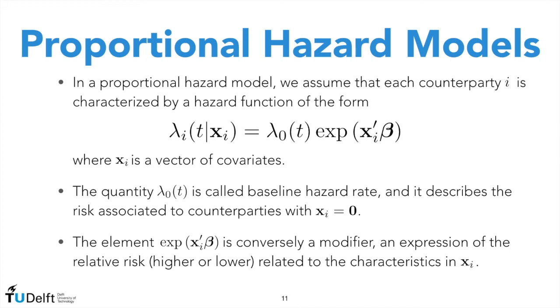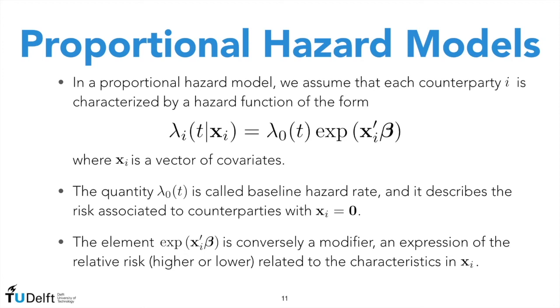The element exponential of xi prime beta is conversely what we call a modifier, an expression of the relative risk that can be higher or lower, and this modifier depends on the characteristics that we can read in xi.